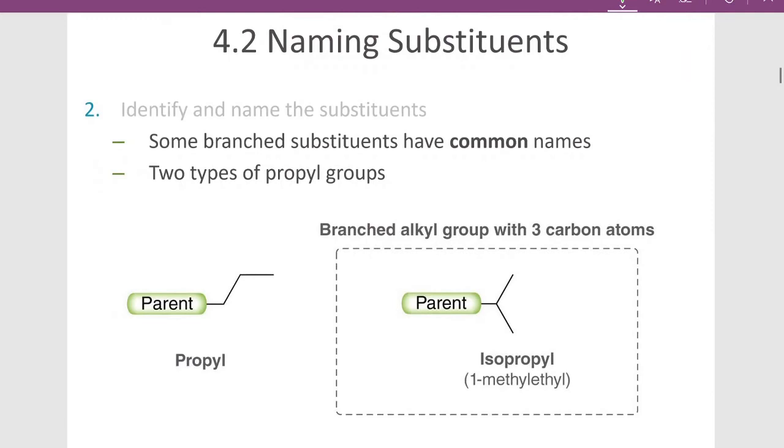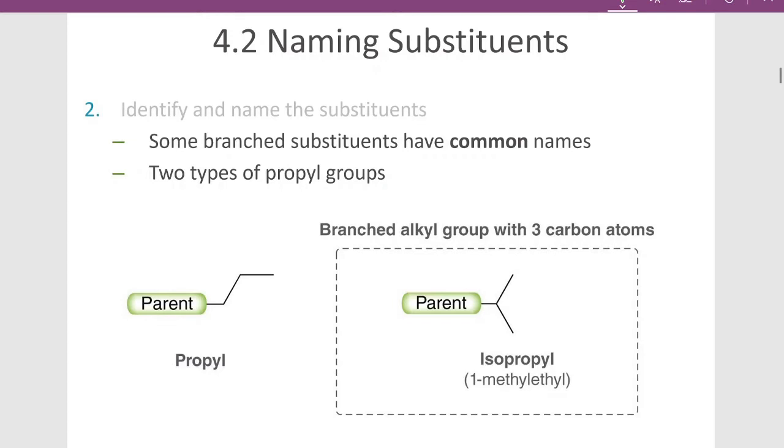So to make it easier, sometimes we just have common names for these substituents, and it's good to memorize most of these common names for the substituents because we're going to see them a lot. And I'll tell you the ones that we're going to see a lot in our class, so you'll be able to remember those. So these are called branched substituents or complex substituents, and again they have common names.